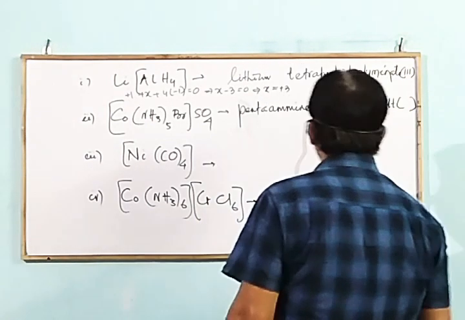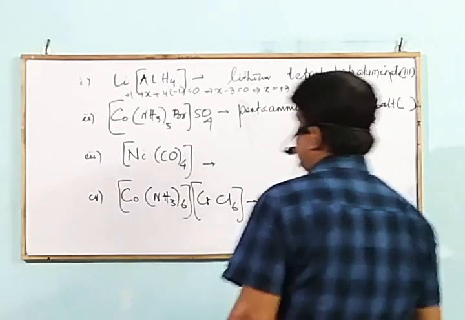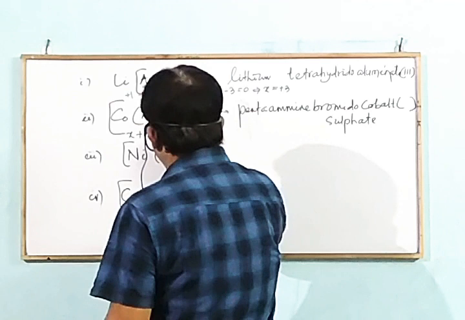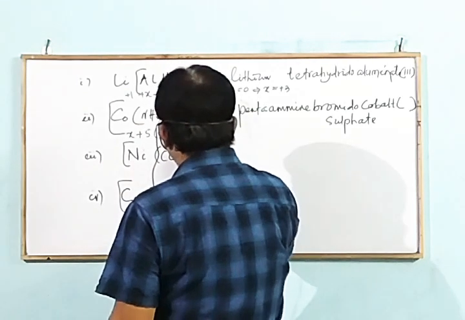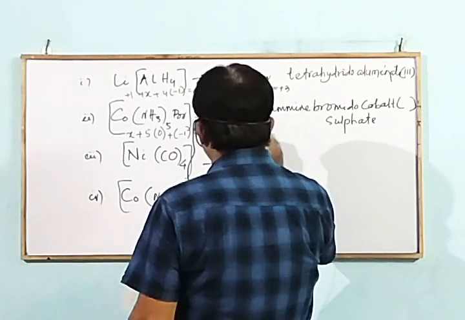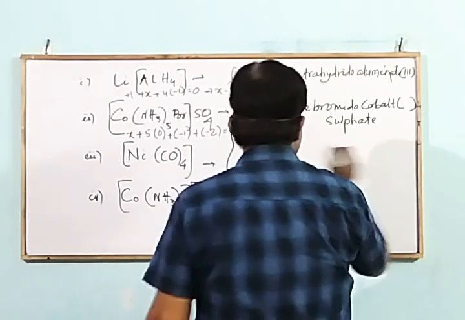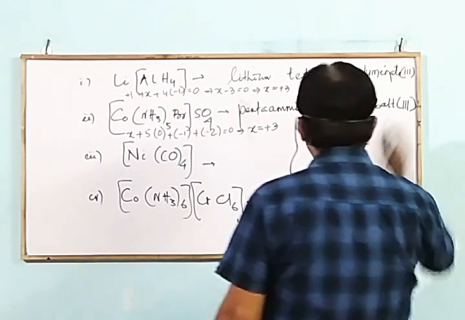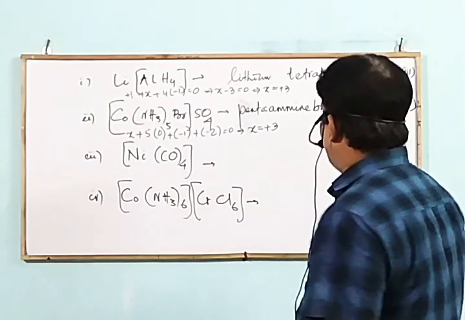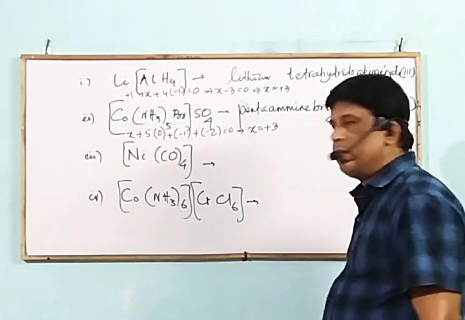We have to write the oxidation number. It is not known, let it be X. 5 into neutral 0 plus minus 1 plus minus 2 is equal to 0. On solving, X is equal to plus 3. So III. Its name is pentaamminebromidocobalt(III) sulfate.